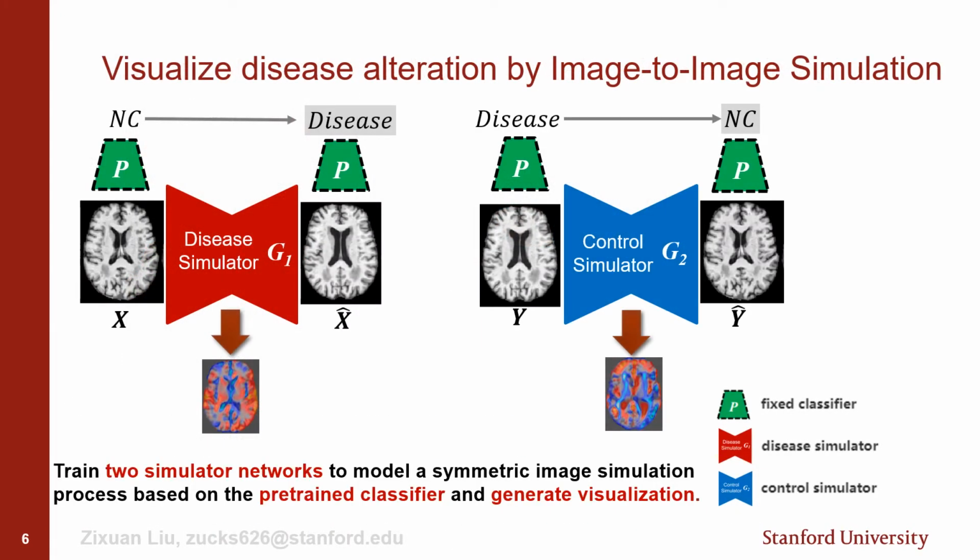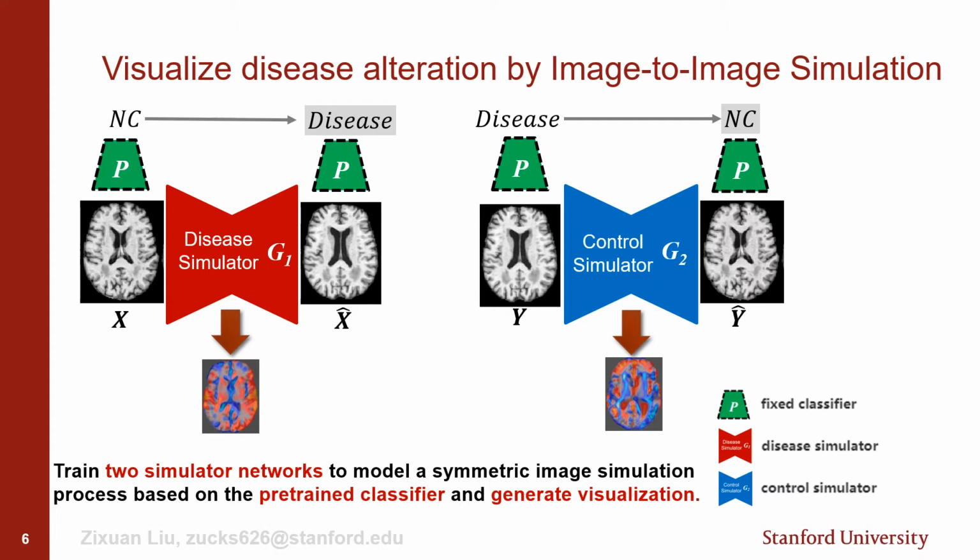To better visualize the disease alteration, or so-called disease pattern, captured by the trained classifier, we use this green shape to denote it. Inspired by the image-to-image simulation scheme, we proposed to first model the disease alteration process as an image-to-image simulation process with image generation networks, so-called simulator networks here. The simulator networks could generate desired simulated images based on the inference result given by the trained classifier.